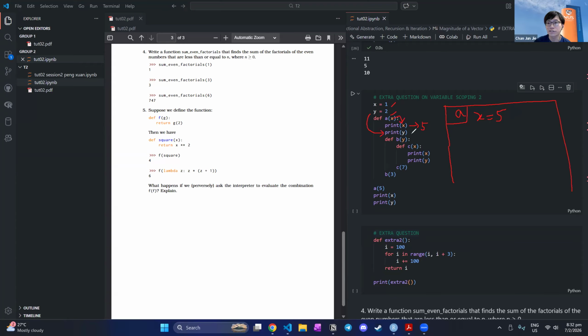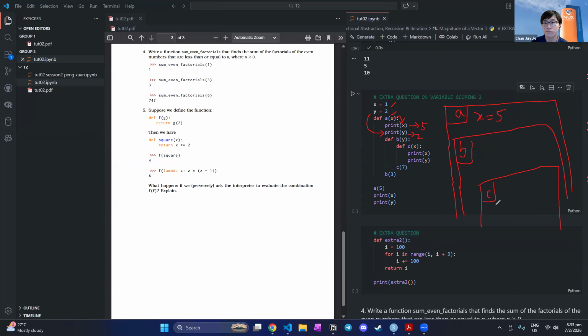Next will be the inner B function is called with an input of 3. So inside the B function, C function is also defined with an input of 7 with its own inner local x set to 7.